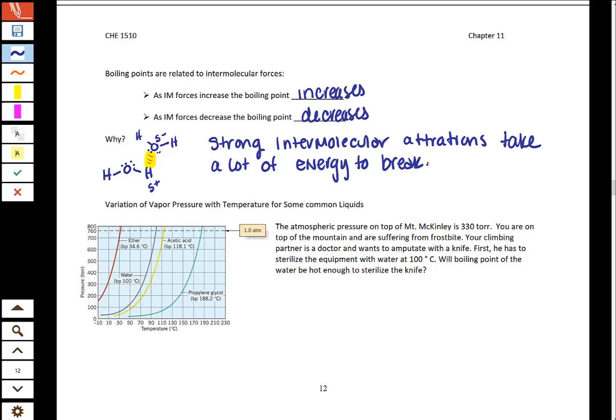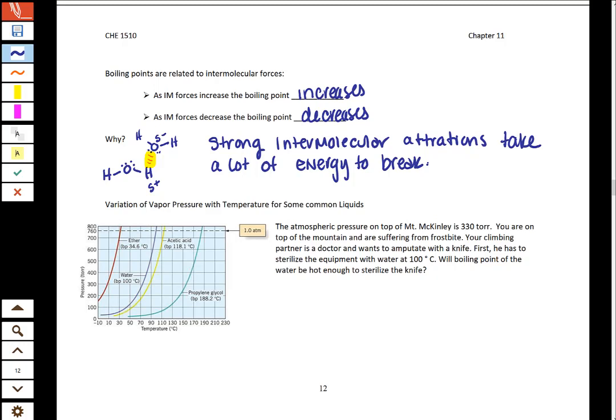Because remember, the whole idea behind boiling was a molecule in the bulk breaking through the red rover surface and turning into a gas. In order to break through that red rover surface, it has to break through the attractions between itself and neighboring molecules. So if those attractions are really strong, it's going to take a heck of a lot of energy to break those attractions.